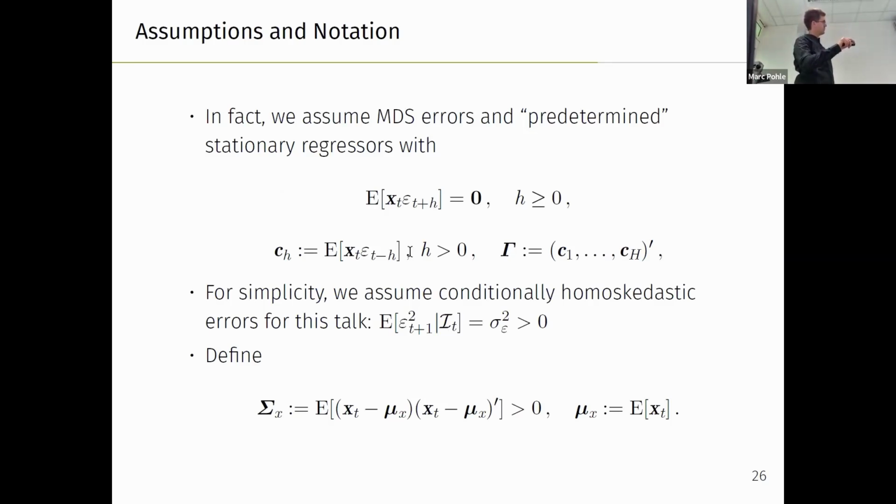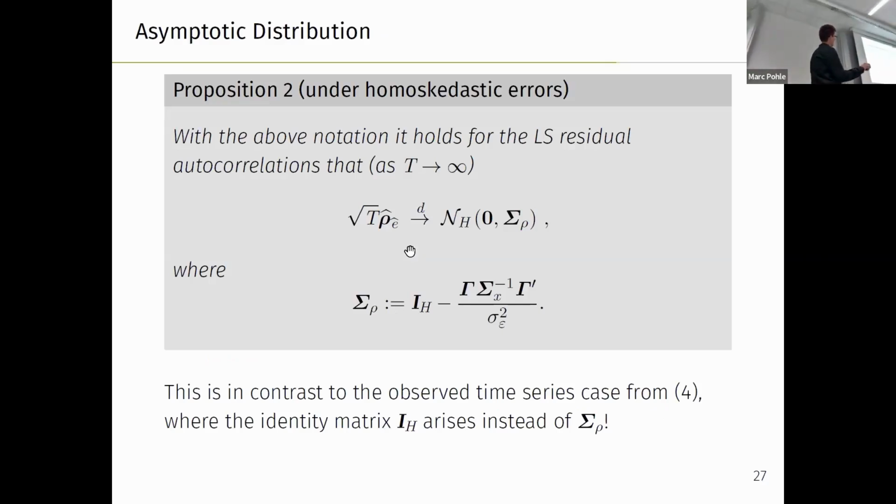That means the regressors can only be correlated with past errors, not with future errors. For this talk, we assume conditional homoscedasticity in the errors. Then we get a nice result: the asymptotic distribution of the empirical residual autocorrelations is asymptotically normal and has this form.